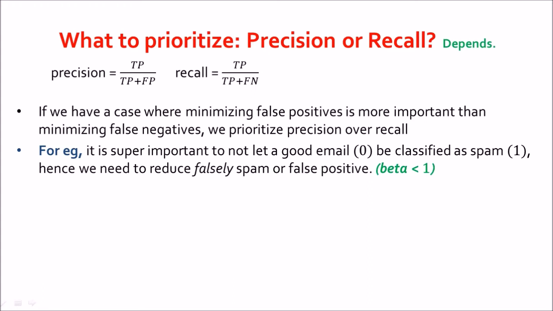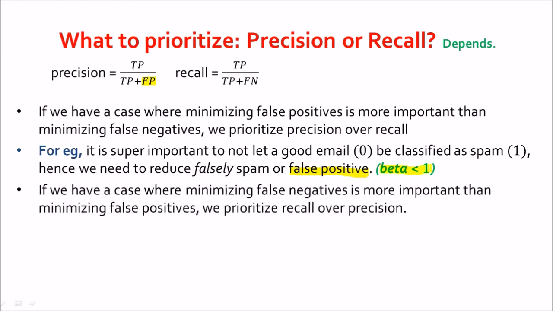If a good email lands in the spam box, that would lead to loss of information, which is not ideal. So we need to reduce the falsely spam cases, and since spam is the positive case, we need to reduce the false positive cases. If we reduce the false positive cases, then the precision will increase, and hence in this case we will give precision more weight than recall, and we will let beta be less than 1.